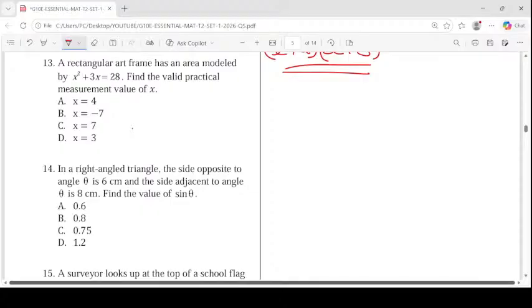So if I take 28 to the left, I'm going to have this equation as x squared plus 3x minus 28.